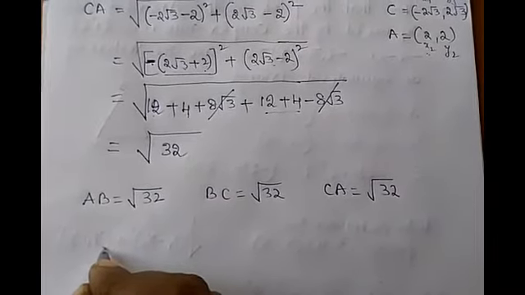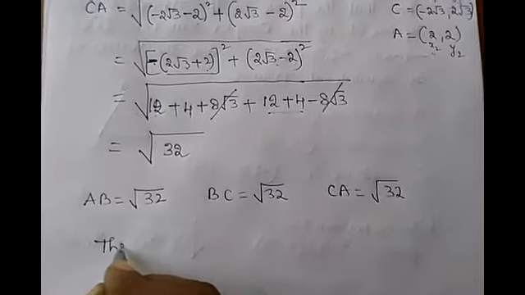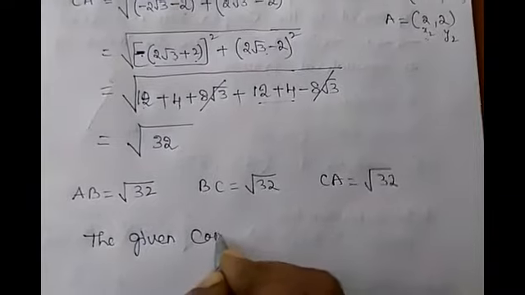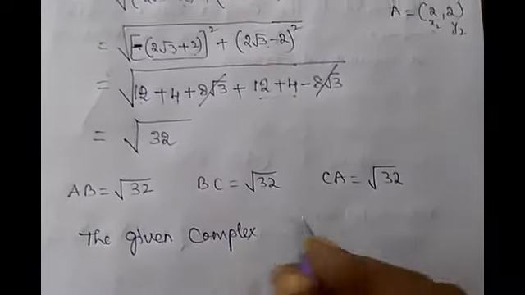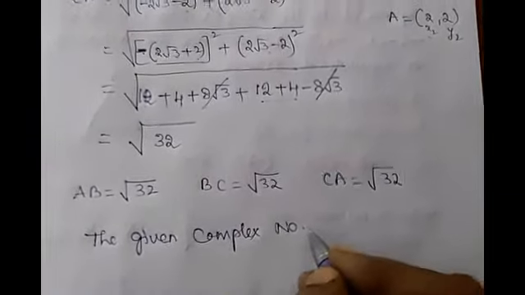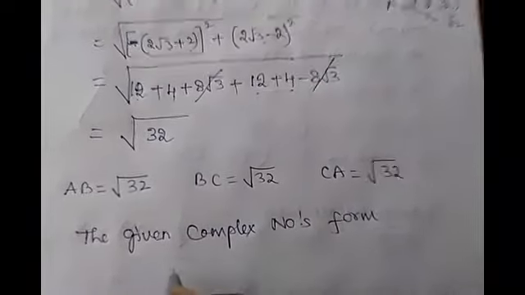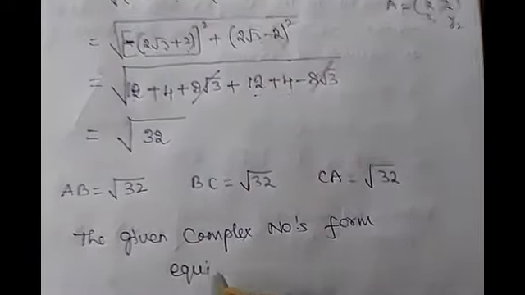That means we can say that the given complex numbers form an equilateral triangle.